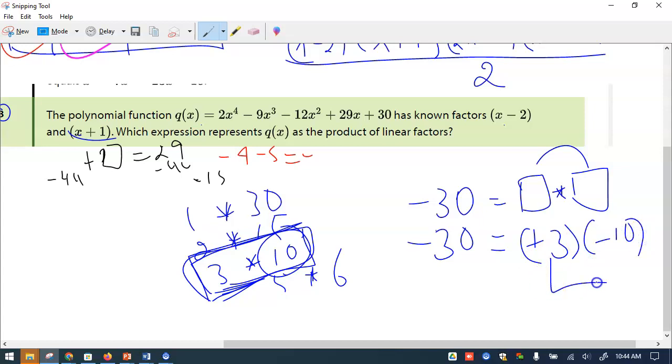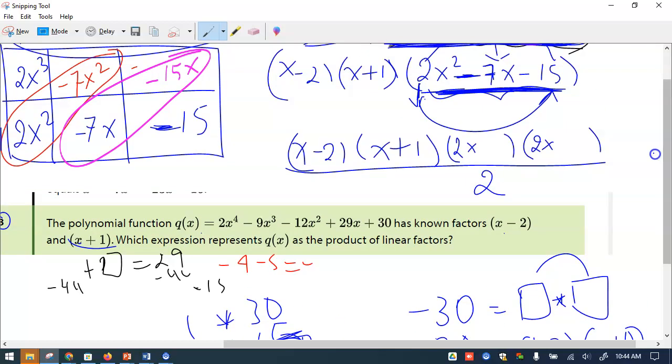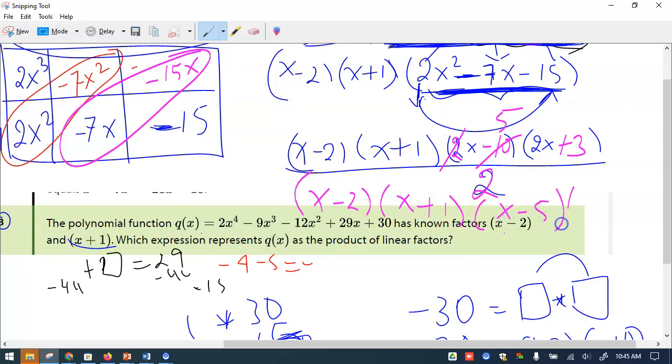So these are the two factors which are the better option. So I'm going to put it right here, minus 10 and plus 3. And you can see this 2 at the bottom will divide this 2 and this 10 by 5. So your final answer is x minus 2, x plus 1, x minus 5, and 2x plus 3. And that takes care of problem number 3.